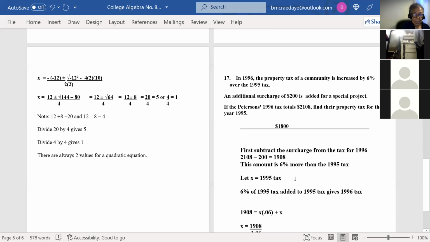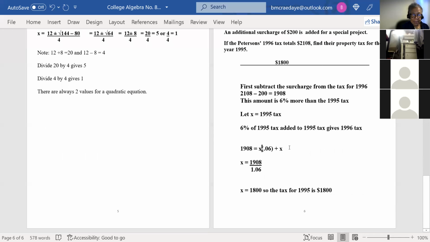So if we say X is the 1995 tax, then 1908 is equal to the 1995 tax times the increase, 6% becomes the decimal 0.06, plus the tax for 1995. Then we solve for X.